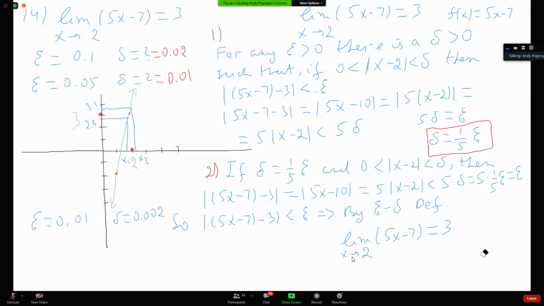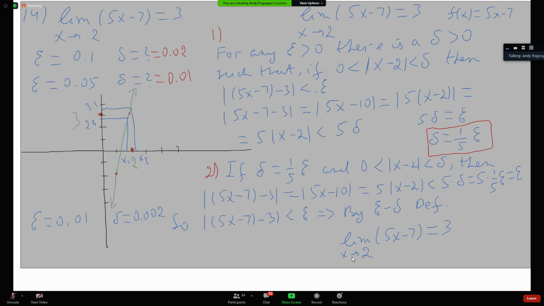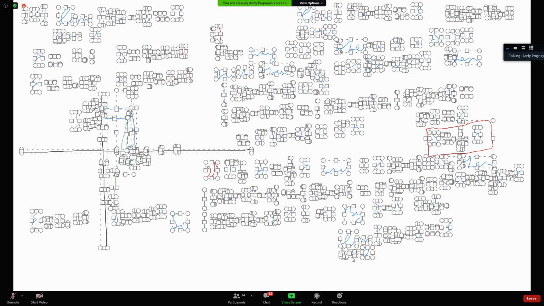Now, let's do problems involving the definition because that's what you're going to have on your exam. Just pay attention to the steps I'm doing, the way I'm writing, because you can change the words, but you have to keep the meaning.